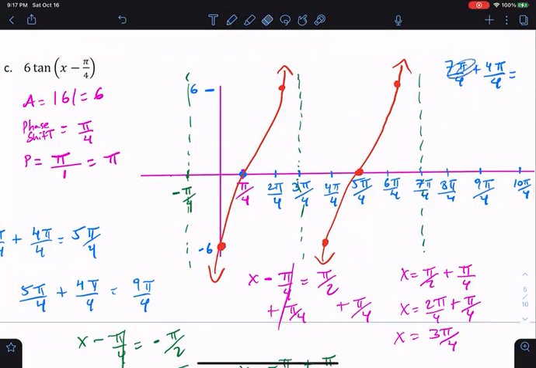So I need to do a little bit more. So I'm going to try to squeeze them a little bit more. So 9 pi over 4, 10 pi over 4, and 11 pi over 4. It should be around here somewhere. Okay, you get the point. So this is here.